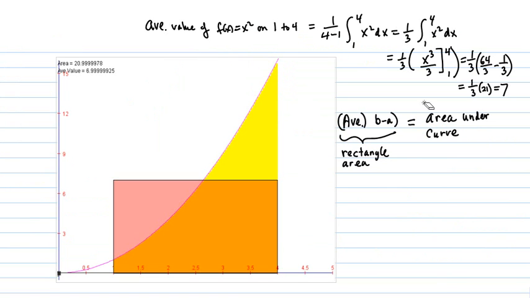And we see the average value of f(x) equals x squared on 1 to 4 is 1 over b minus a, integral from a to b of the function. That's 1/3 times the integral.